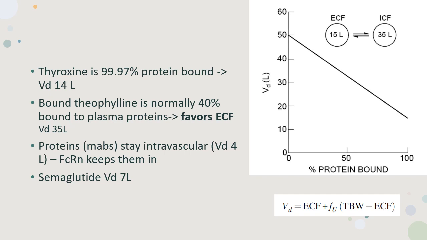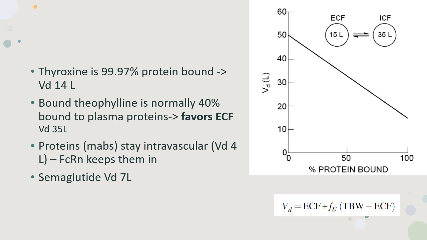So the point is, it's not total body water, and it's not just ECF. It's sort of in between those. The fact that it's also 35 and the ICF is 35 is just a coincidence. So that's what I was frustrated about. Okay, hopefully that makes sense.